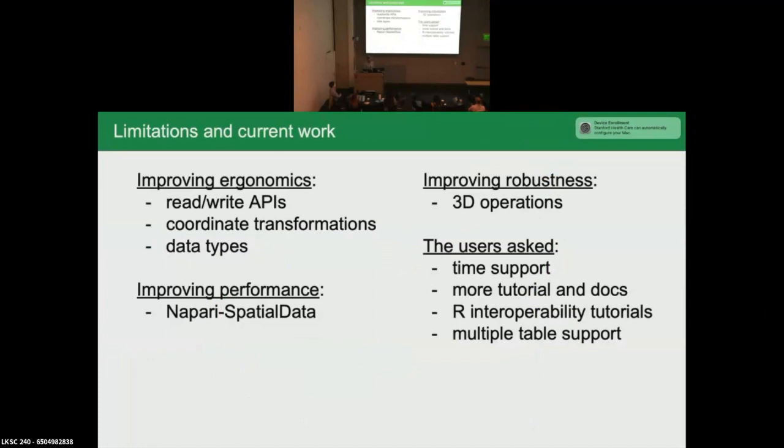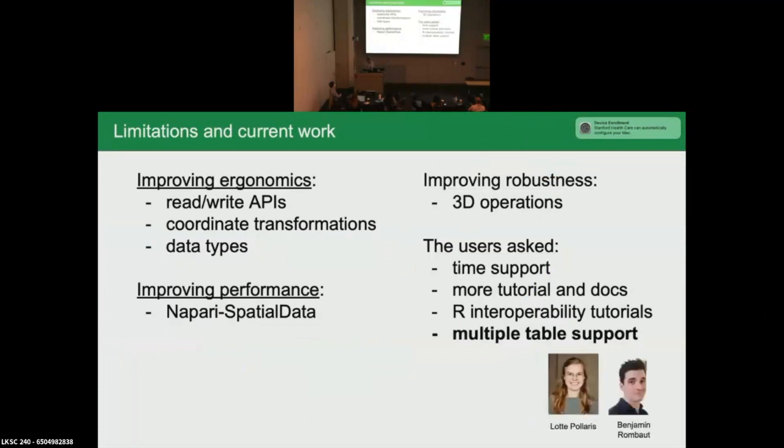I would like to spend more time to talk with you about limitations, but I only have 10 minutes, so I will just focus on one thing, probably the most important part that we want to improve: supporting multiple tables, which is a limitation now of the object for a developmental reason, and the users ask for this. I will be working with Lotte and Benjamin the next month on this.